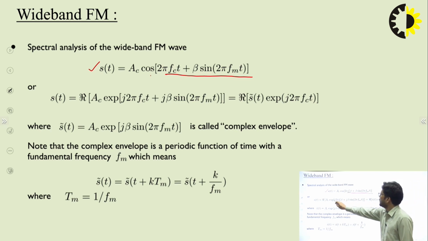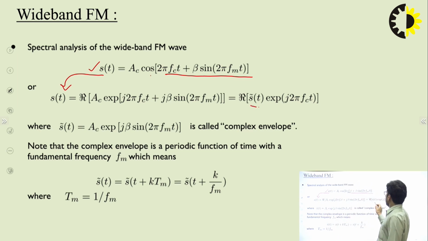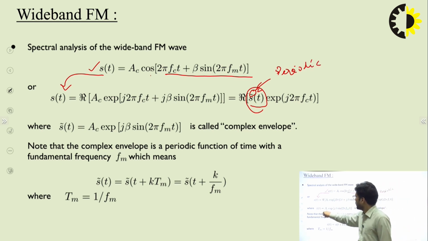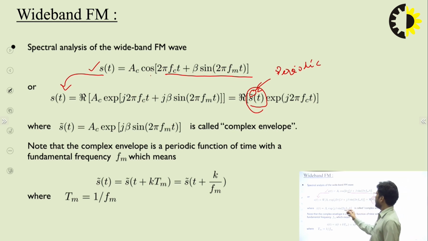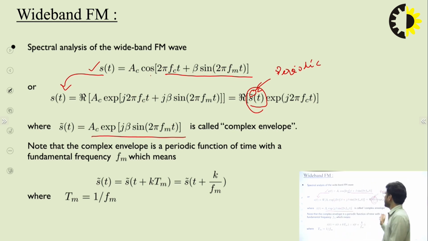We can represent this equation in this form as well. This one represents the periodic nature of the signal. A_c exponential of j beta sine 2 pi f_m t is the complex envelope, and this one is a periodic function, right?